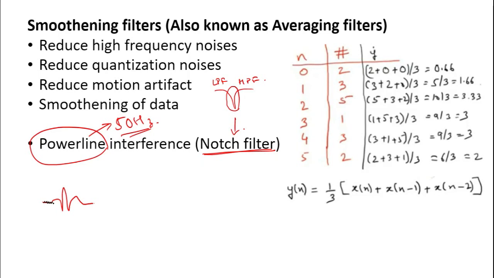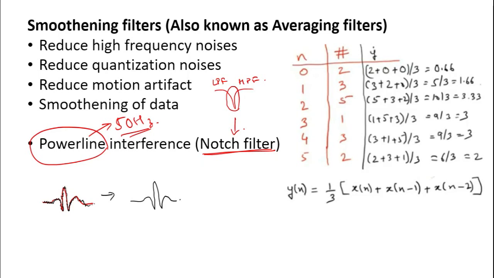Over this signal, you will find that this 50 Hz power line interference is overriding onto the signal. When you apply the notch filter, our ECG signal will almost look similar to the original signal we drew.